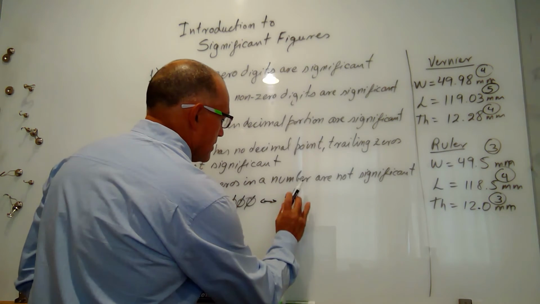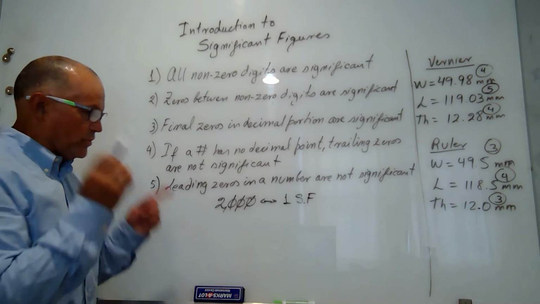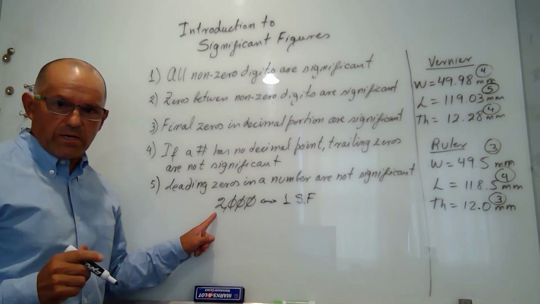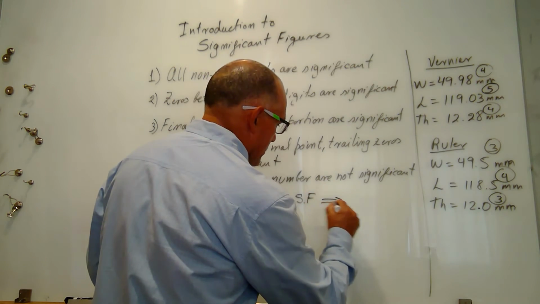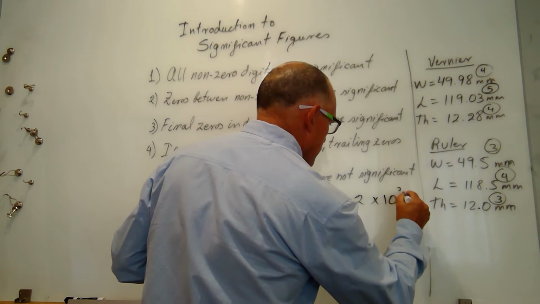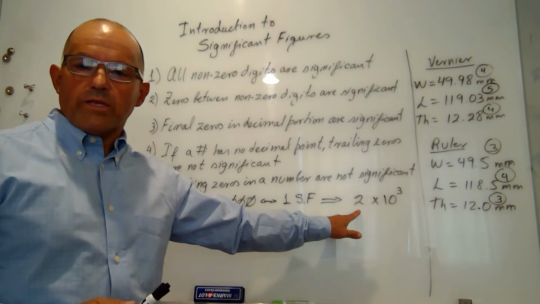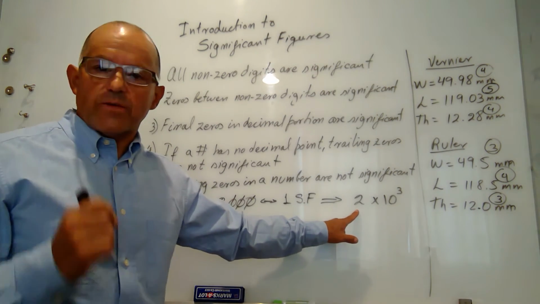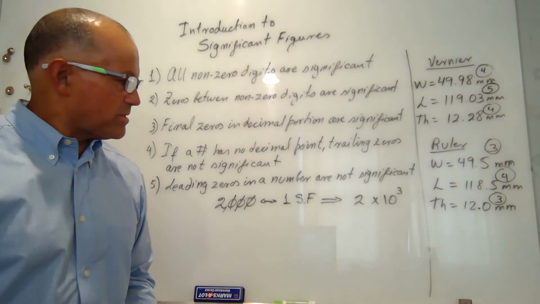I'm going to show you that it's only one significant figure by writing this in a different way. This 2000 can be written as 2 times 10 to the 3. That shows only one significant figure, one digit that is very important. 10 to the 3 is just that it's multiplied by 1,000.